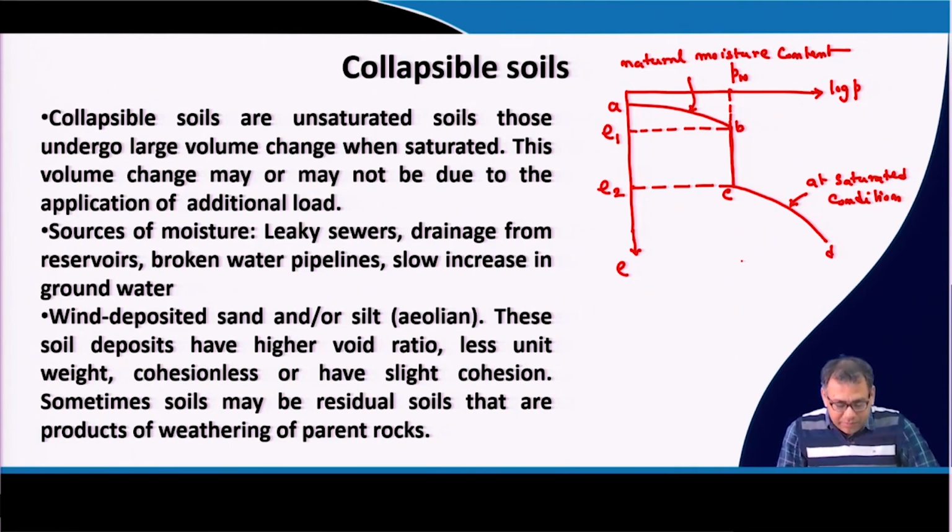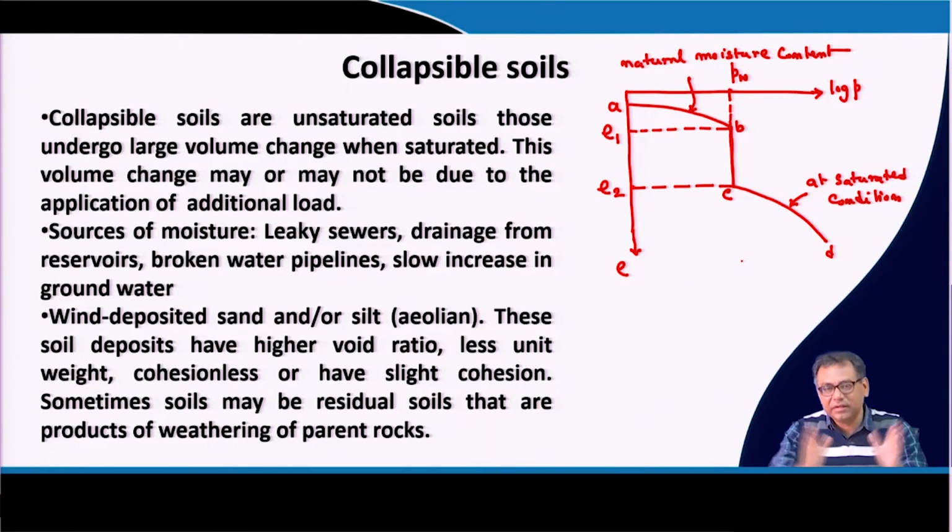Now, the wind deposited sand or silt, basically the aeolian soil, these soil deposits have a higher void ratio and less unit weight, and can be cohesionless or have slight cohesion. So, for this type of soil, there is a probability that they may be collapsible soil. If the cohesion is there in little amount, then due to saturation this soil loses its cohesiveness.